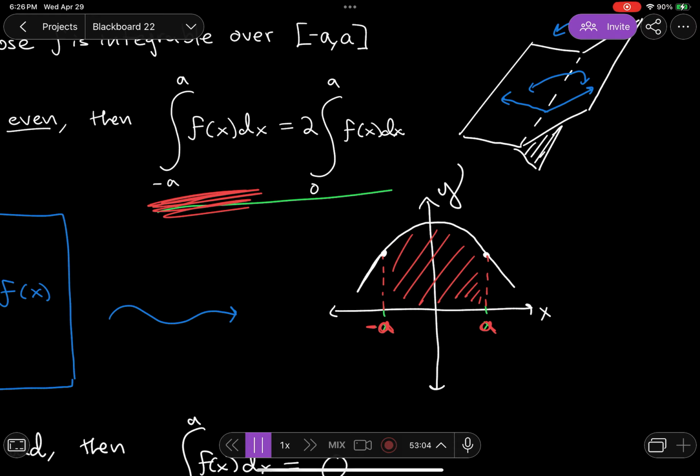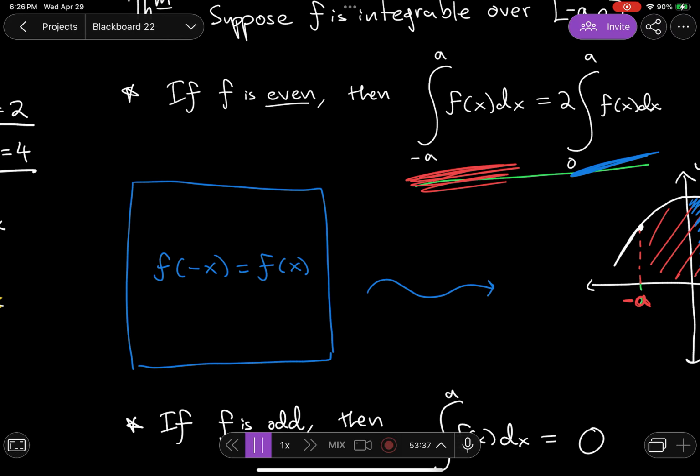I think in order to find the red area, what I could do is find this blue area and then double it. This integral right here is this blue area. But to find the red area, notice that I have another piece of this blue area simply on the other side of the y-axis. So to find the entire red area, what I could do is simply take this blue area, which is the integral from 0 to a, and then double it. Put a 2 out front. Those have to be the same thing.